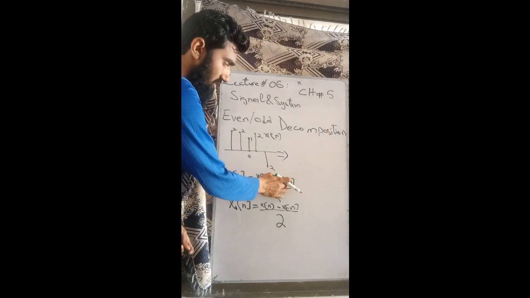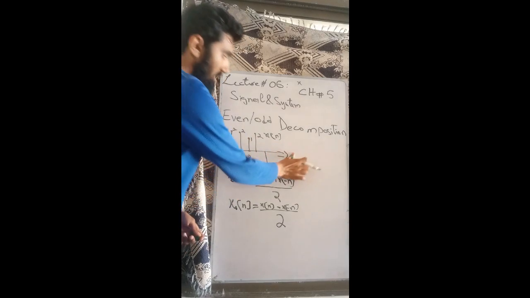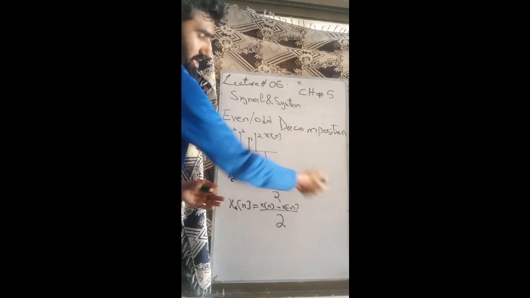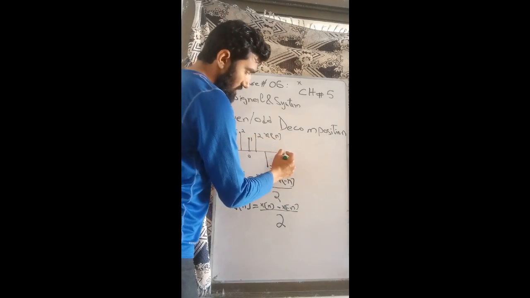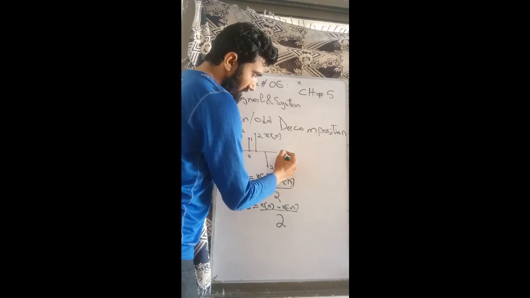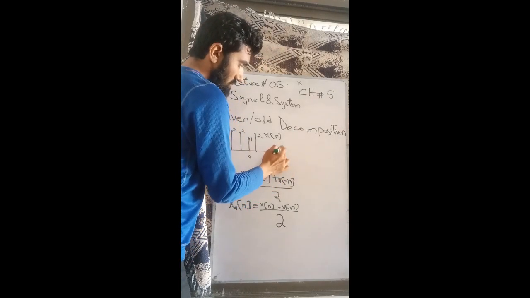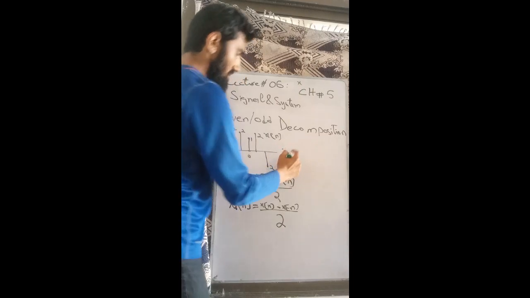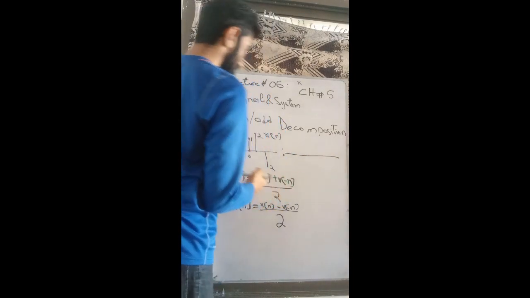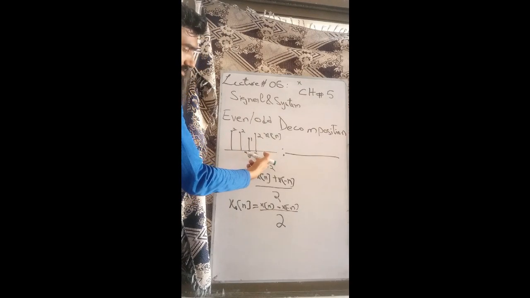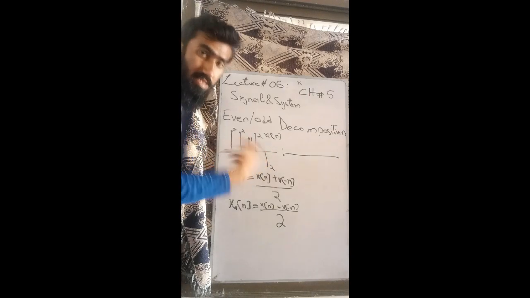So the reflected version of this signal I am drawing here, and we will draw the even and odd part here. For the reflected version, let's say this is here, the reflected version is nothing but the values at this side will get into this side, and these values go to the other side.